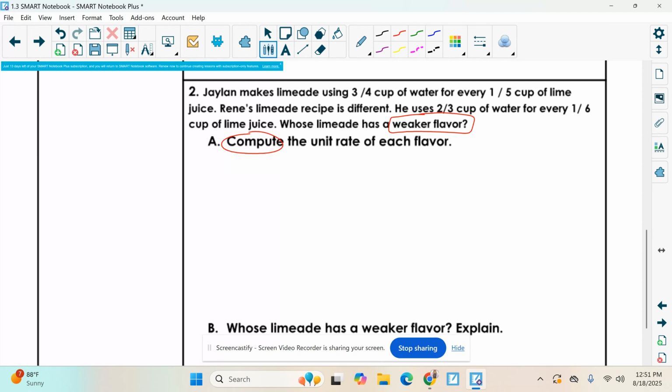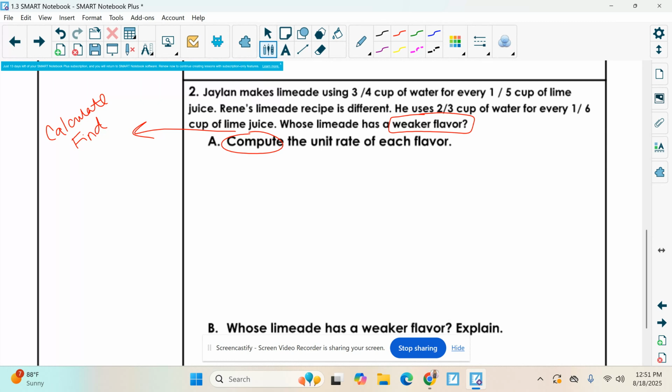Highlight that word, compute. What did we say compute means? To calculate or to find. So if you're ever taking your test or you see it in your homework and you're like, I don't know what compute means, you've got it in your notes. Compute the, what is that?